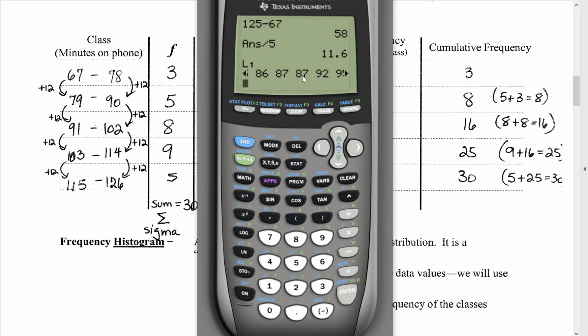So the second class is going to have a frequency of 5. You can repeat this going through the rest of the data set. There are 8 numbers that fall between 91 and 102. There are 9 values between 103 and 114. And there are 5 values between 115 and 126.